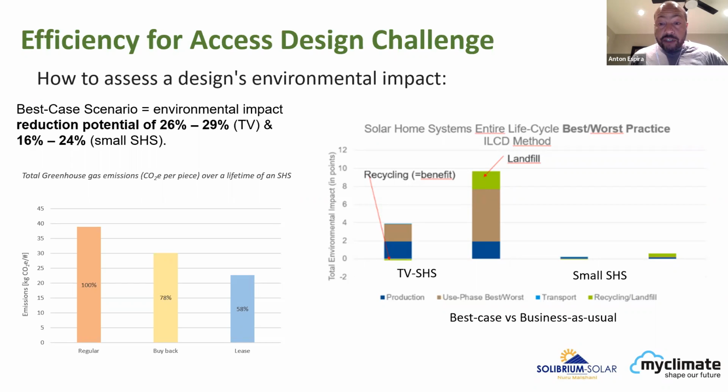And that shows that if you don't change the way that we handle solar home system disposal at the moment, the environmental impact is huge. If we include recycling and we include repair, then the environmental impact falls significantly. The graph on the lower left of the slide shows the changes in environmental impact, specifically in emissions, based on different model types, different business models.